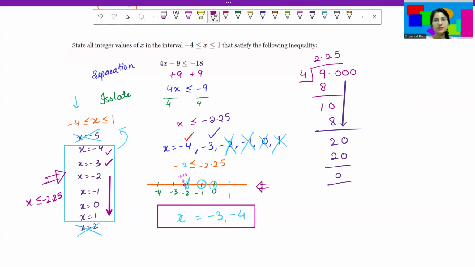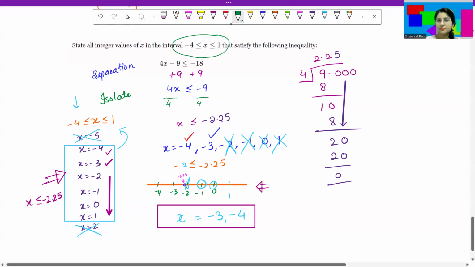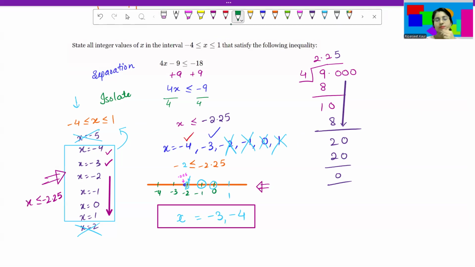Can I just say what we did so far? First, we solved the inequality and we got negative 2.25. Then we looked through the numbers that qualified: x is greater than or equal to negative 4 and x is less than or equal to 1. We were looking for what would satisfy the inequality.